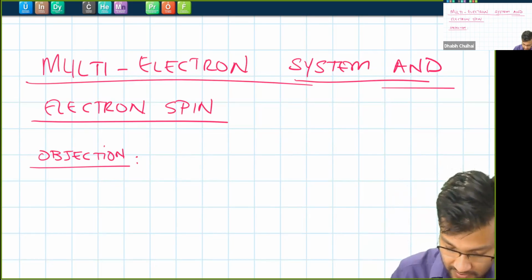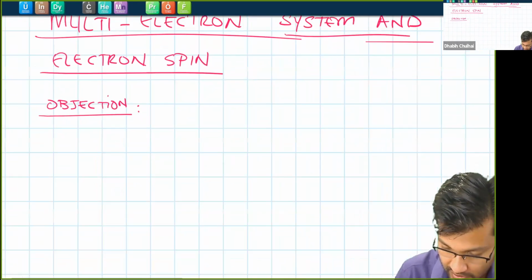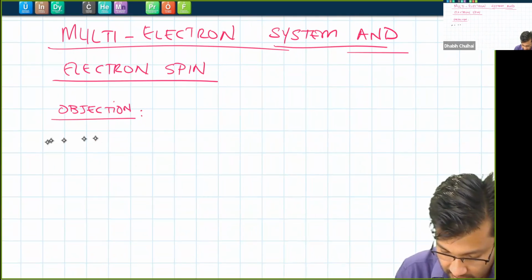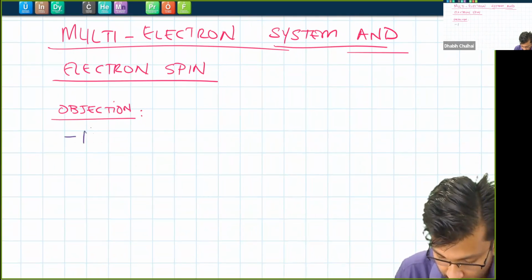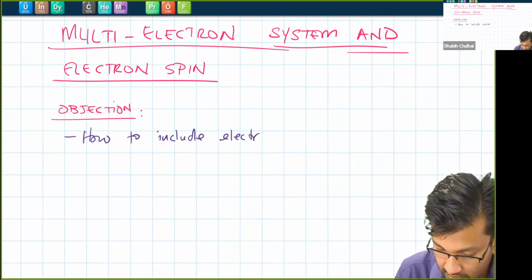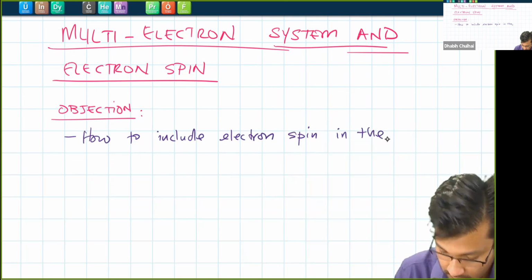So what are we going to learn about? We're going to learn how to include electron spin in the wave function.